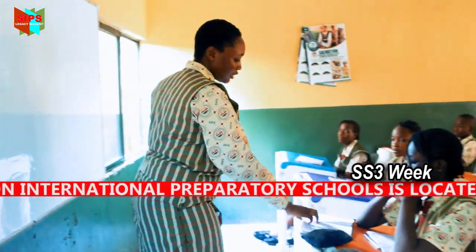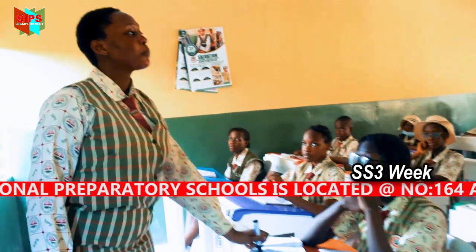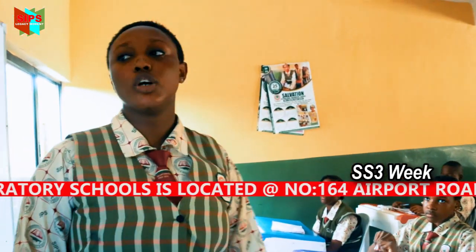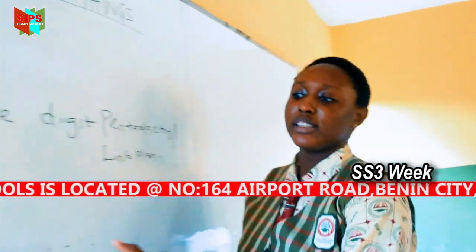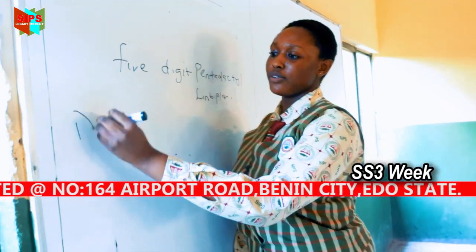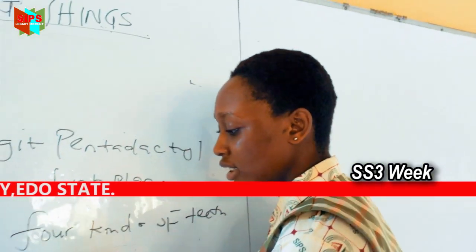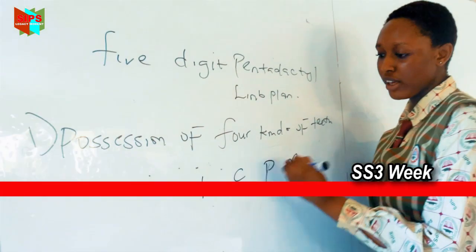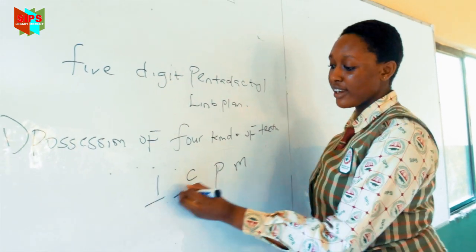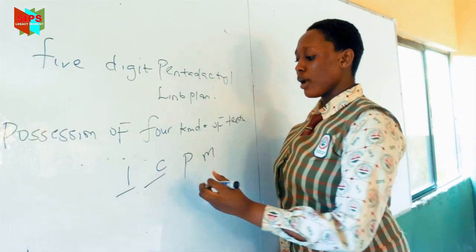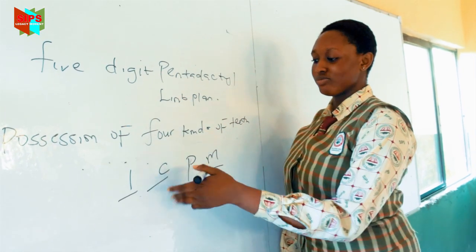So, now characteristics of living things, the first one is possession of 4 kinds of teeth. So, who can tell me the kinds of teeth that we humans have? Canine, incisor, molar, and premolar. ICPM. Incisor to tear, canine to grind, premolar to hold, molar to chew.